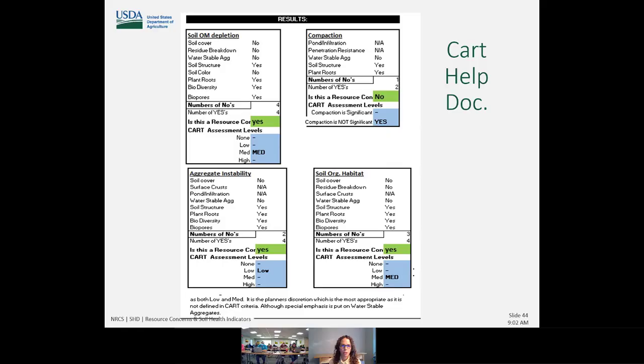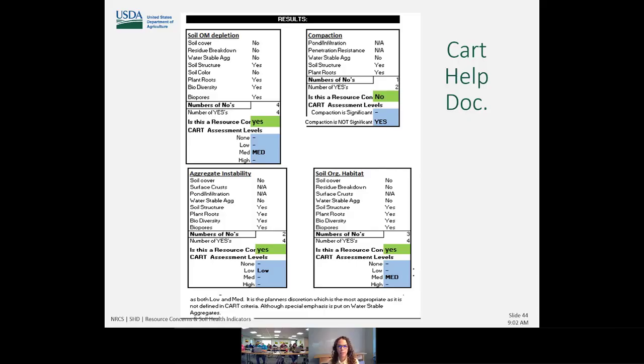And with 4 no's, that we did not meet the criteria for soil cover, residue breakdown, water stable aggregates, and soil color, then we have determined that there is a resource concern, and it's highlighted there in green. And then the assessment level in CART would place you in that medium category where the blue box is identified.